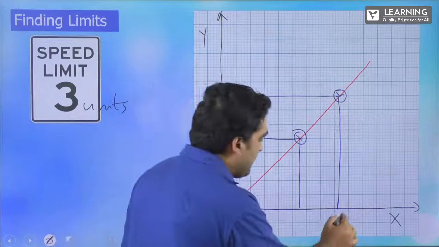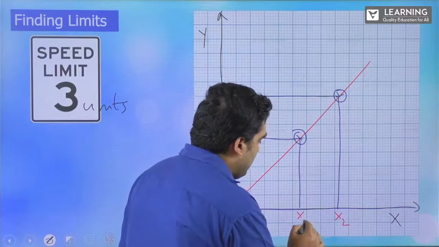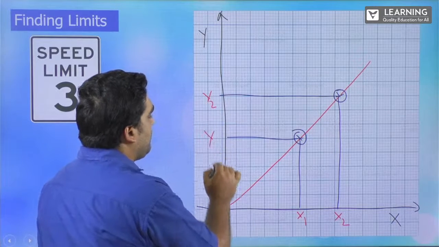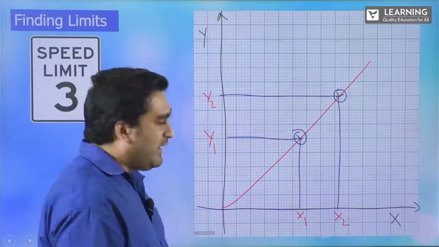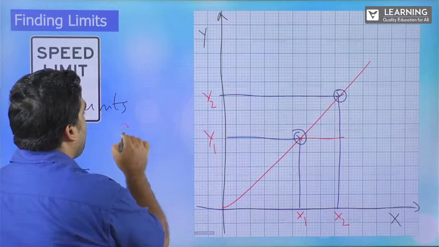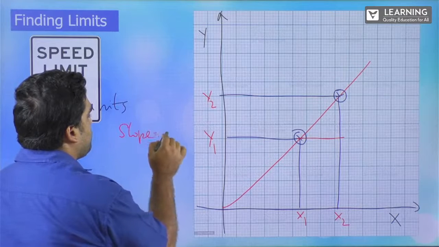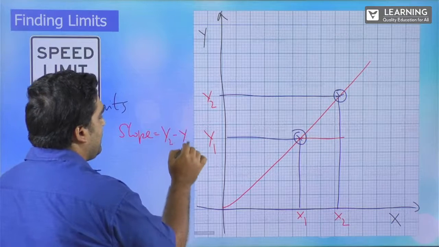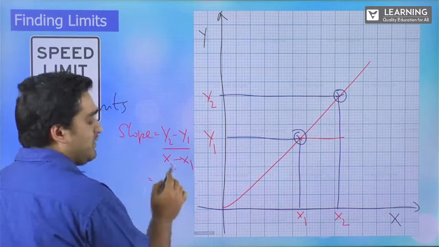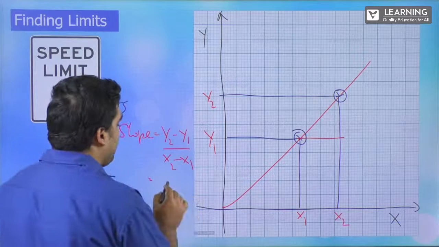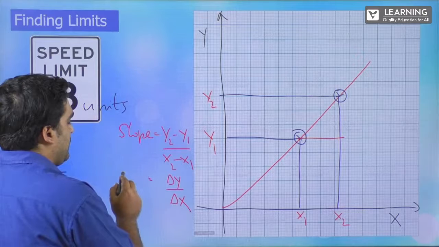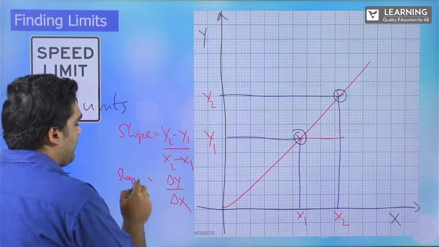All right, so x2, x1, y2, y1, and find the slope, where slope equals y2 minus y1 by x2 minus x1, which is nothing but delta y by delta x. So let me put that as slope.